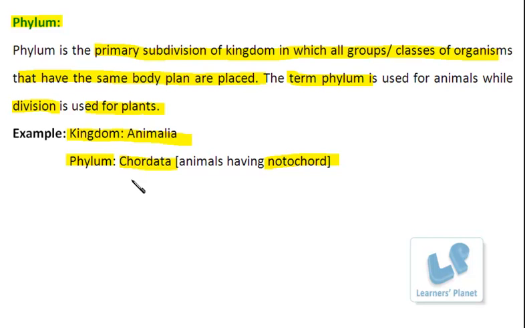Of course there will be dissimilarities also. When we go down this hierarchy level, you will see that the number of organisms is reducing and the number of similarities among that small group is increasing. That is the beauty of this classification. So now let us see the next taxa.